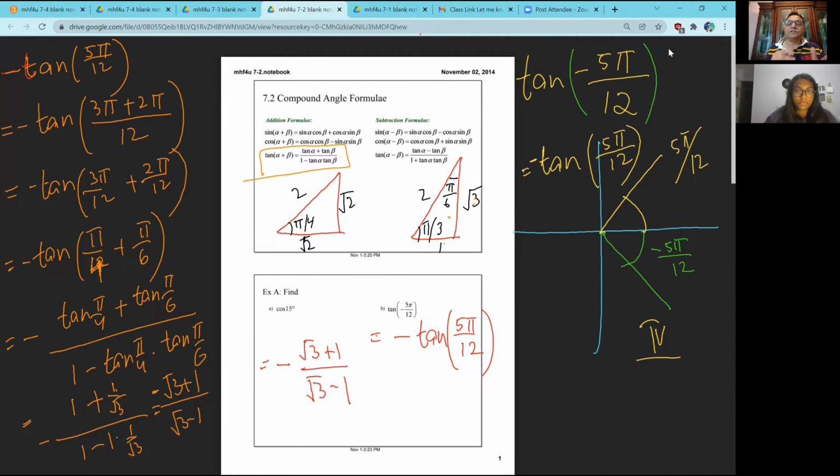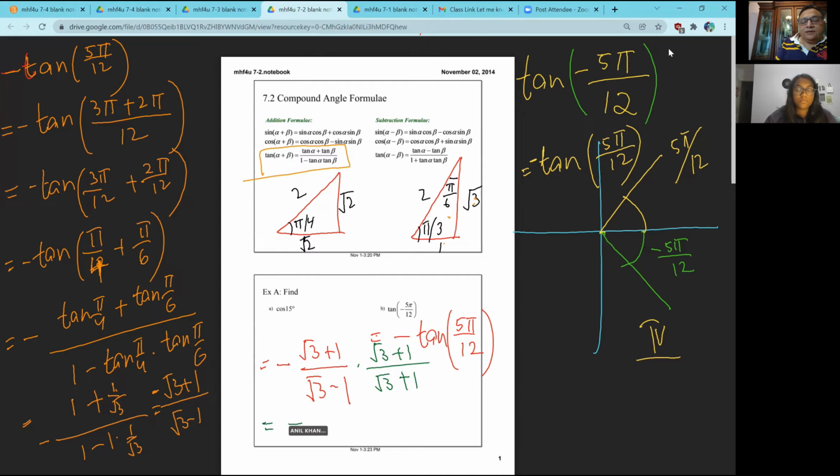However, when you check the result at the back of the book, most of the time it will be given in the rationalized form, not exactly this answer. You see the key. And so we have to rationalize it. So let me rationalize this. I'll multiply by square root 3 plus 1 over square root 3 plus 1.